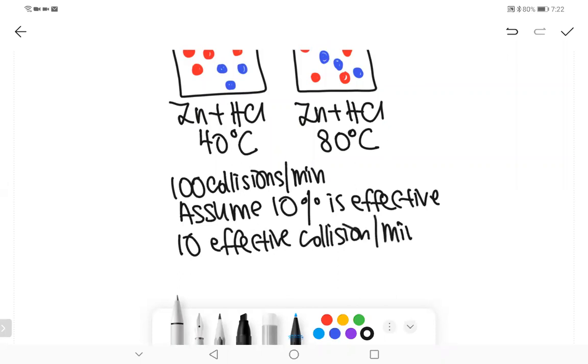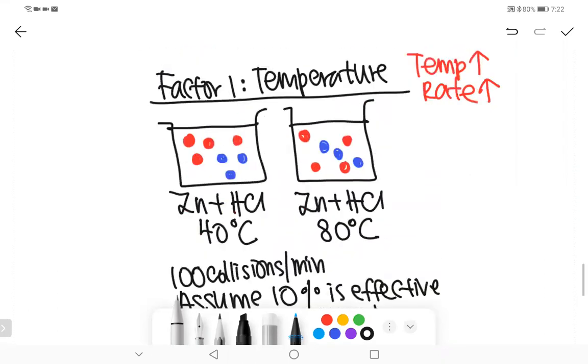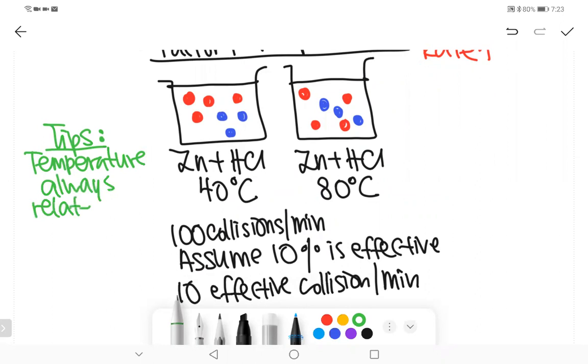Now, when we increase the temperature, what happens? I want all of you to understand a very important thing, so let me write tips on the left-hand side here. Temperature is always related with something called kinetic energy.